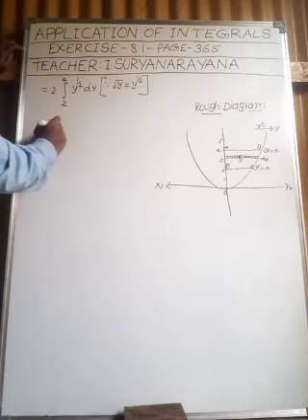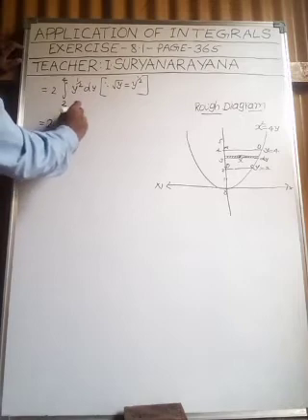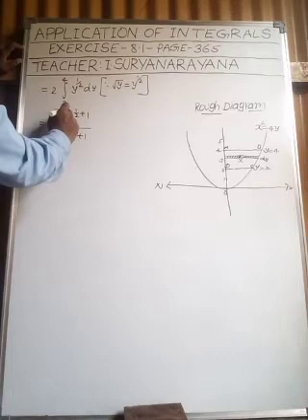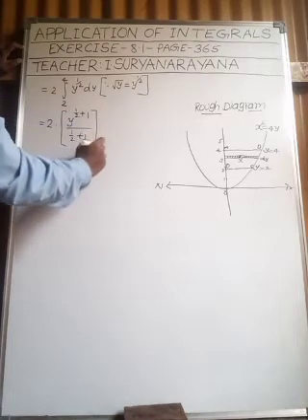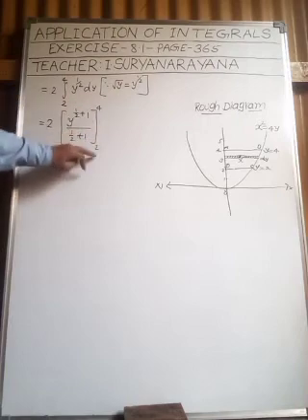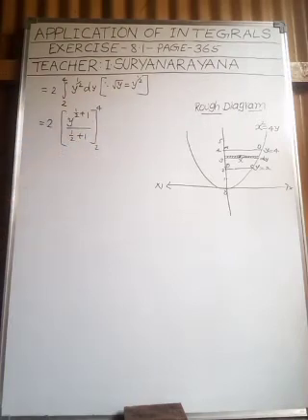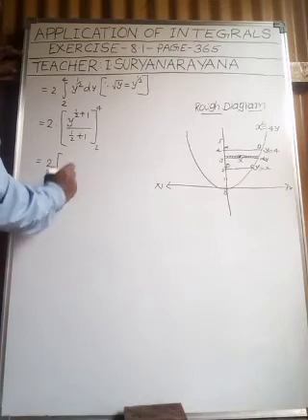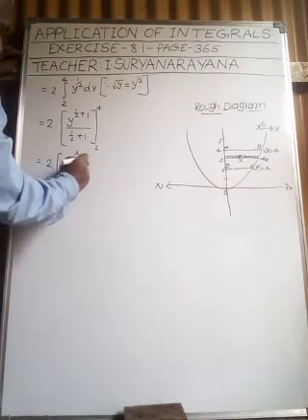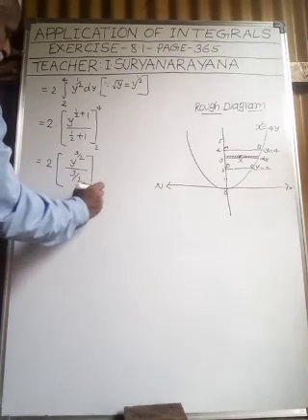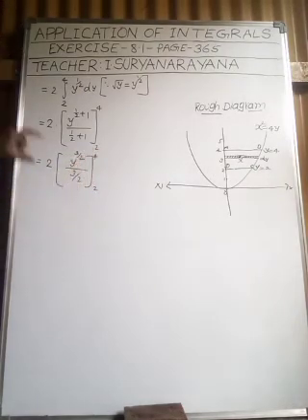So 2 into y power 1 by 2 plus 1, over 1 by 2 plus 1, with limits 2 to 4. Integration part is over. We are writing the limits. 2 into y power 3 by 2 over 3 by 2, limits 2 to 4. Understood this step, my children?